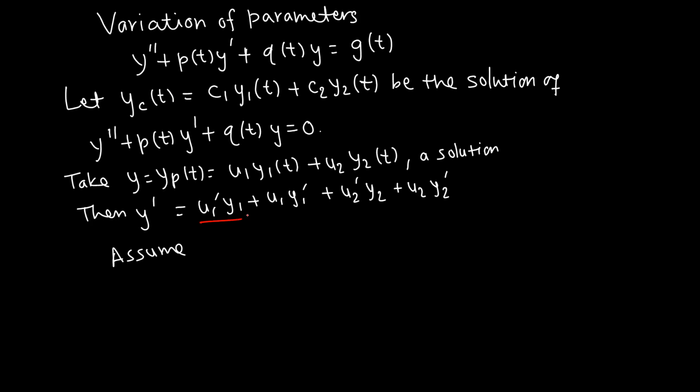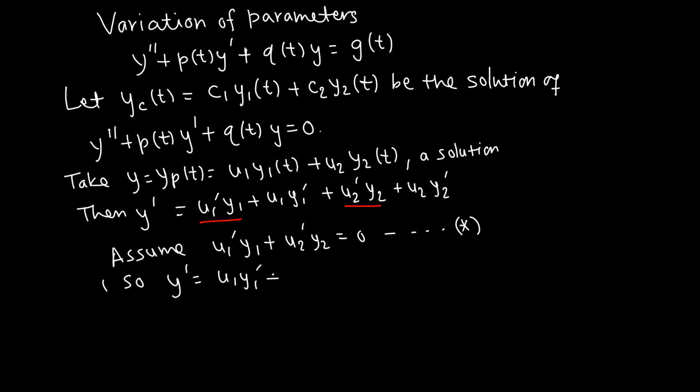Okay, this one plus this one is equal to 0. So u1 prime y1 plus u2 prime y2 equals 0, and for future reference, let's call it star. Then in this case, y prime is just now u1 y1 prime plus u2 y2 prime.